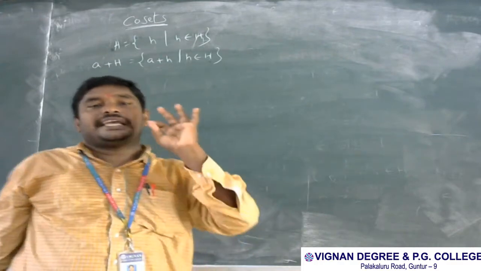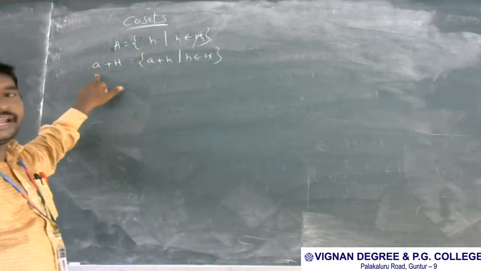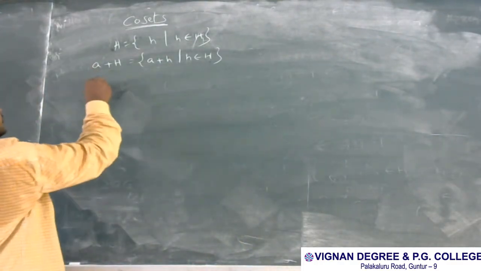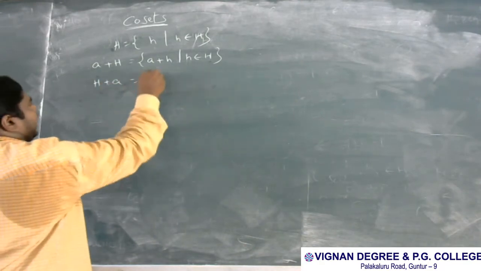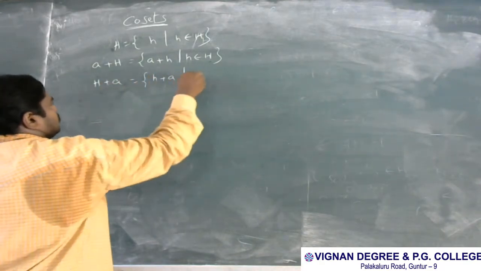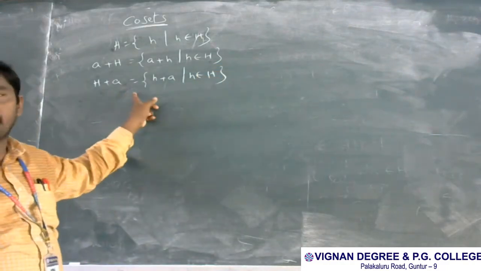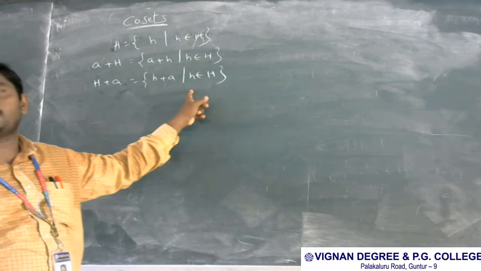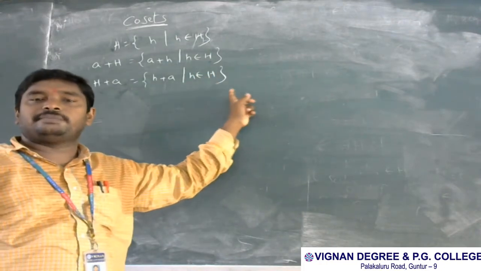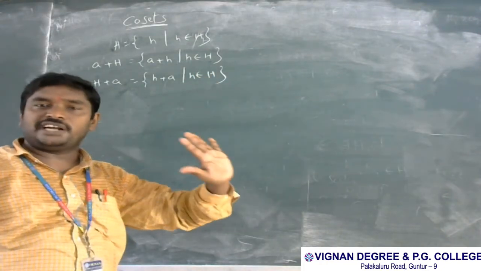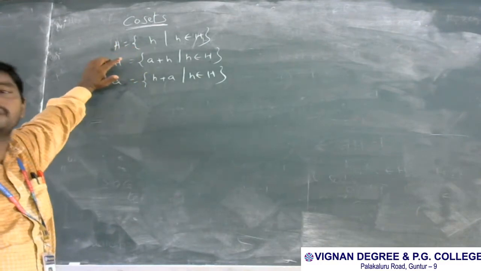So why can we add only this side? We can add this side also. If we add small a this side, then it can be written as {h plus a such that small h belongs to capital H}. Okay, friends? Once again, what is H?